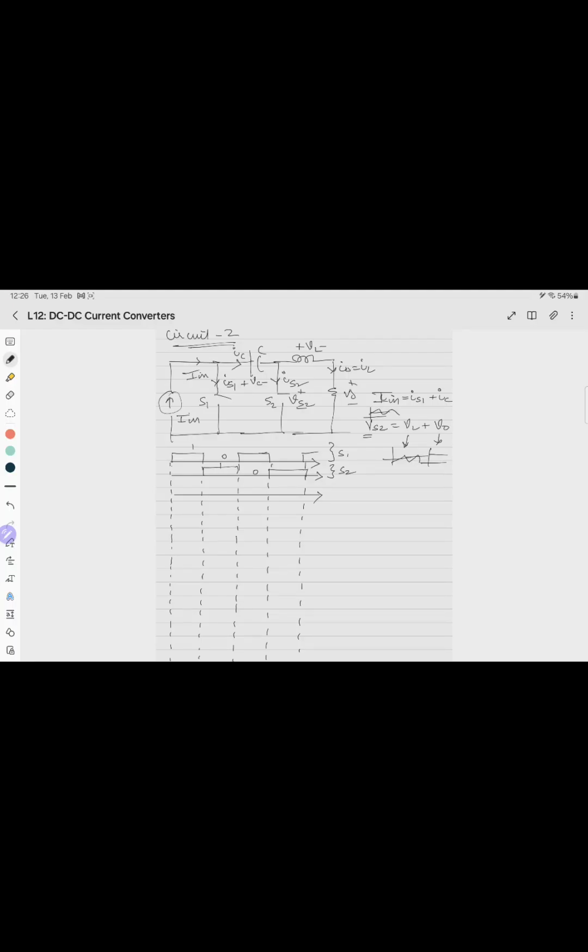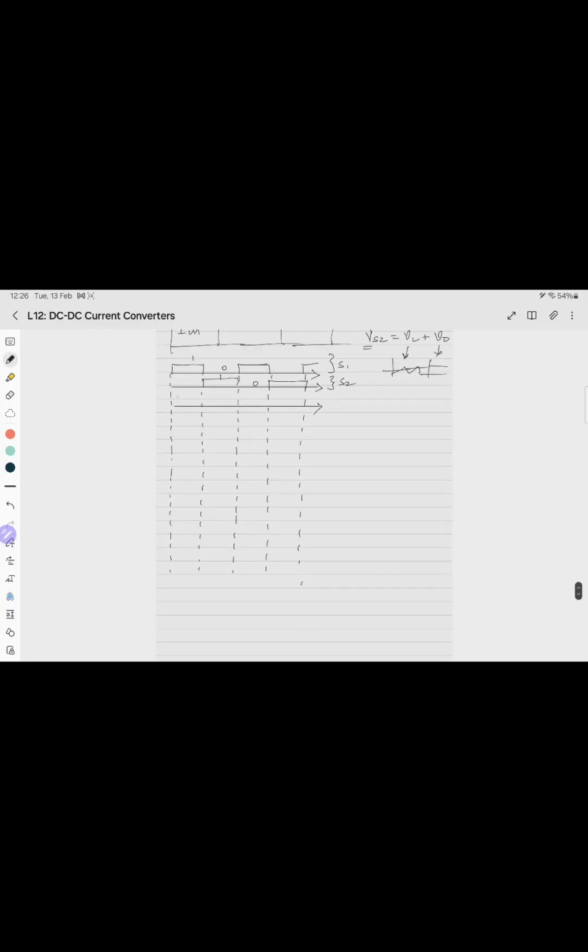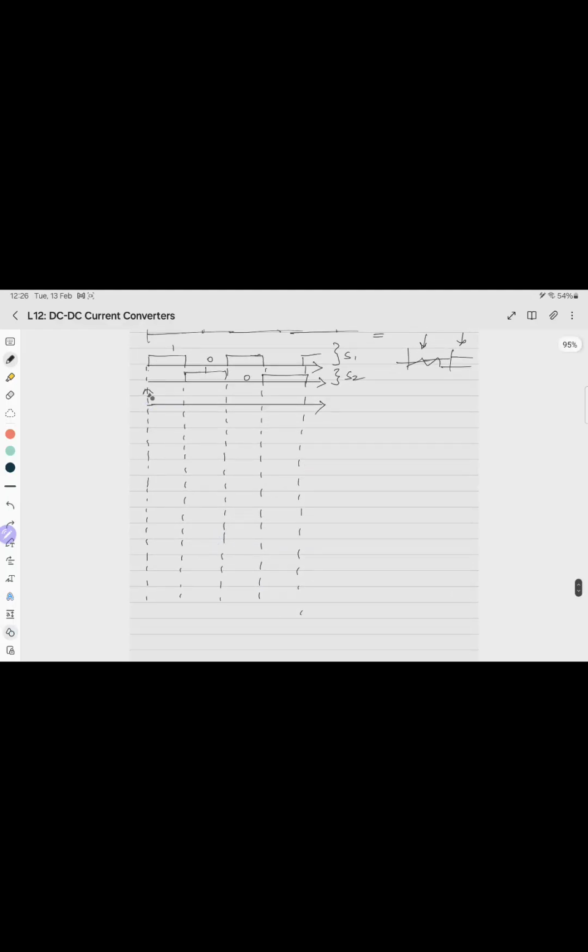So now I'll draw the waveform for V0. V0 is constant. This is the waveform for V0, which is constant.